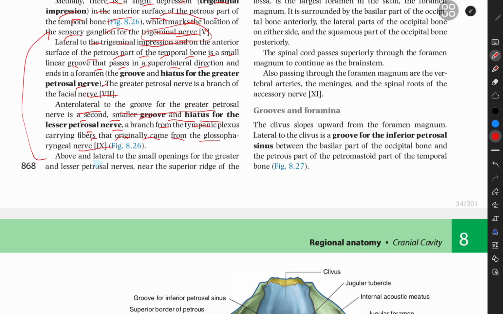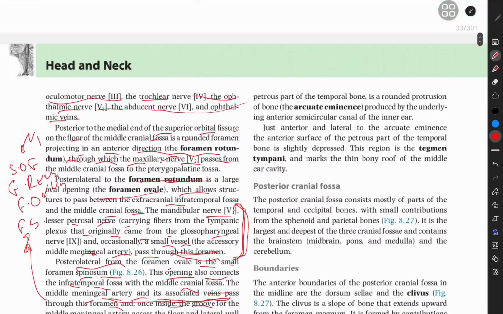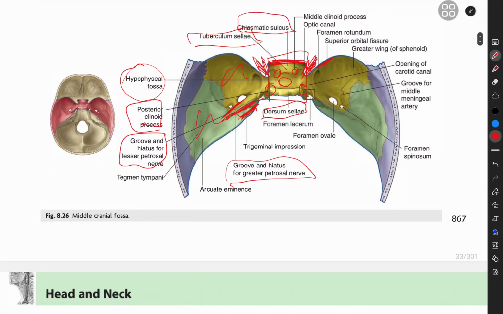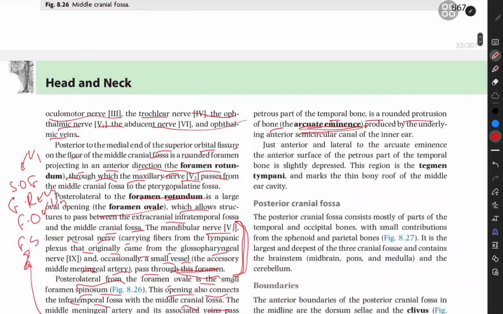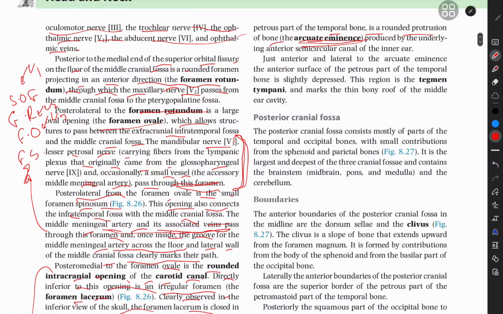Yeah, this is important. Above and lateral to the small openings for the greater and lesser petrosal nerves, near the superior ridge of the petrous part of the temporal bone, a rounded protrusion of bone, the arcuate eminence, is produced by the underlying anterior semicircular canal of the inner ear. So the inner ear produces this arcuate eminence. This is 50-50.